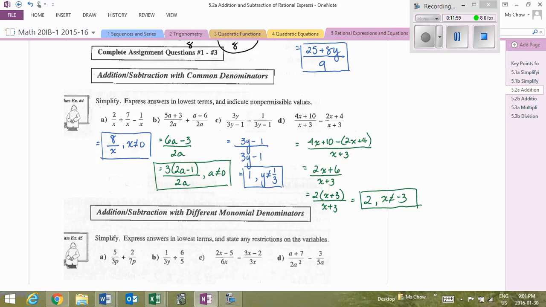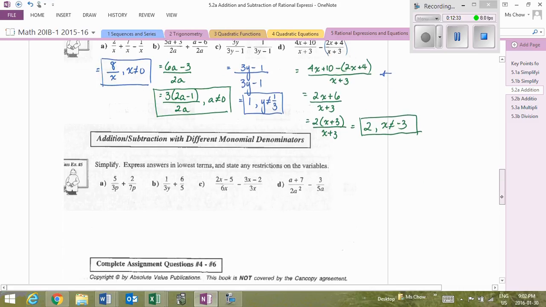For the last one, part D, I've taken the time right here to show and remind us that we're subtracting this whole thing, so subtracting 2x plus 4, so 4x minus 2x is 2x, 10 minus 4 is 6, and then this time when I factor out a 2, I'm left with x plus 3. So the x plus 3's can factor out, so we're left with the simplified version being 2, and our restriction is x cannot equal -3.